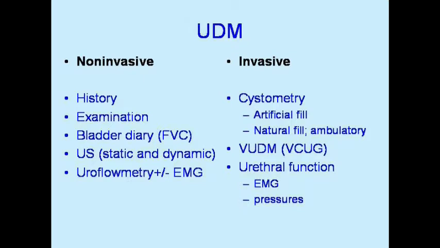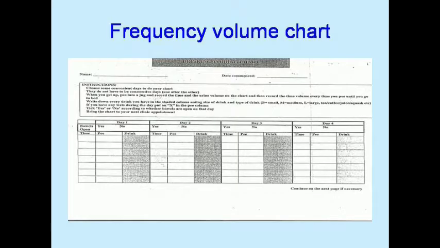The EMG here is included in the invasive components because needle electrodes are invasive in a child. The urethral pressures, as far as I'm aware, is not a very common practice in pediatrics. However, it is available.